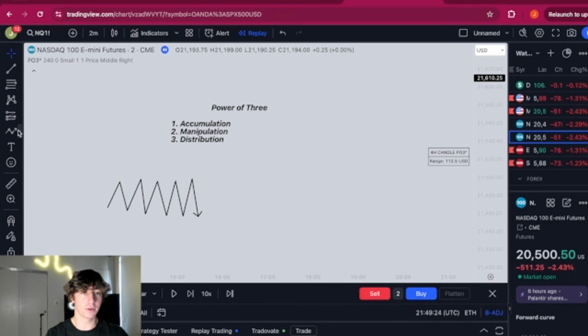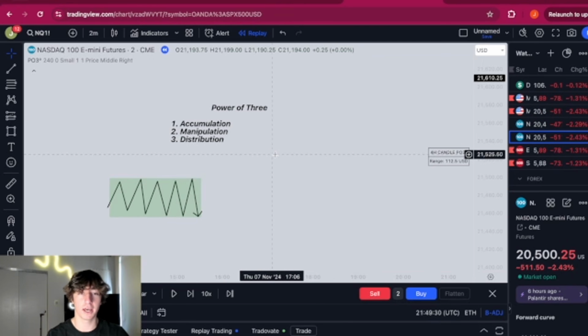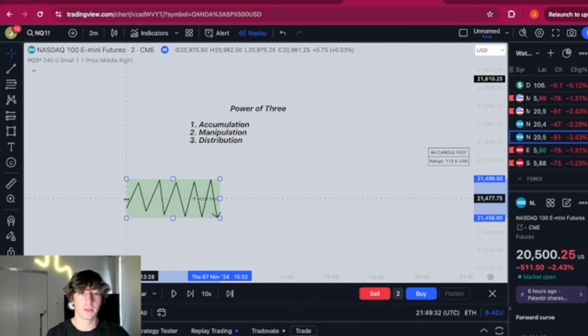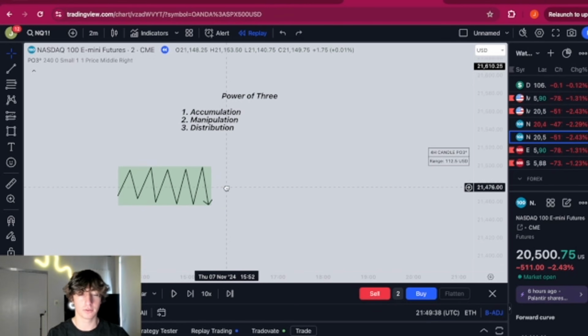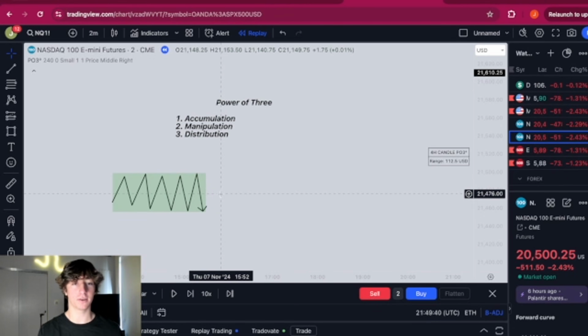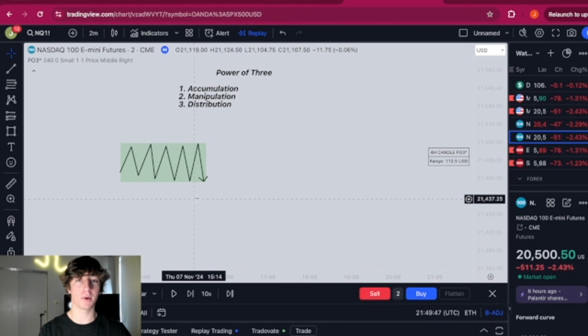So Power of 3, the first thing we have is our accumulation. Now, I like to draw just a green box over that to mark it out. Now that we have that, we can't just wait for price to go out of this range because we need to take stops out to have liquidity to go higher or lower. So let's say in this scenario, we are looking at a bearish Power of 3.